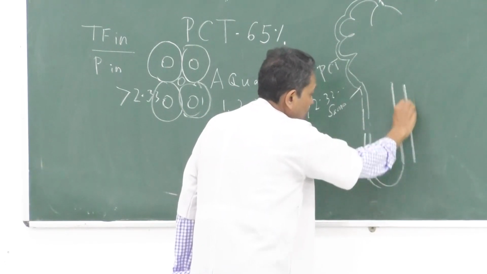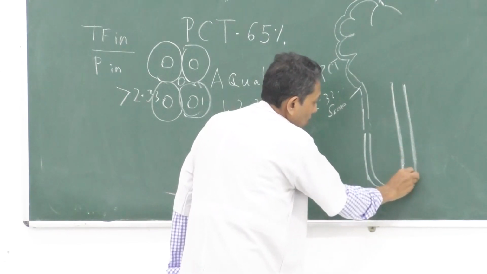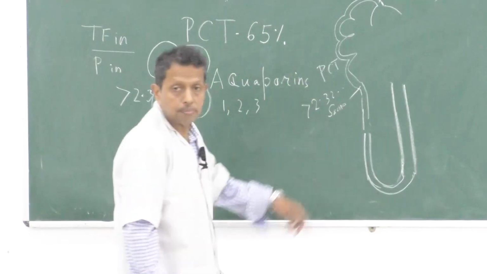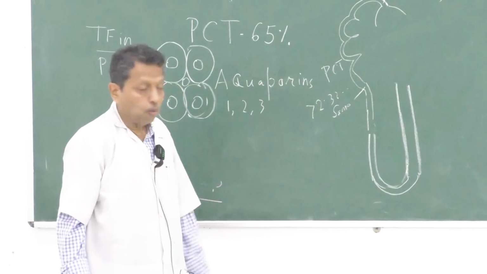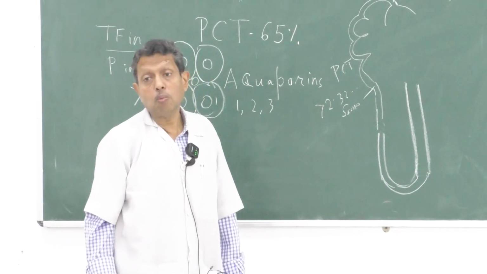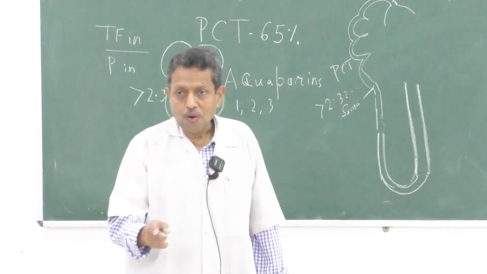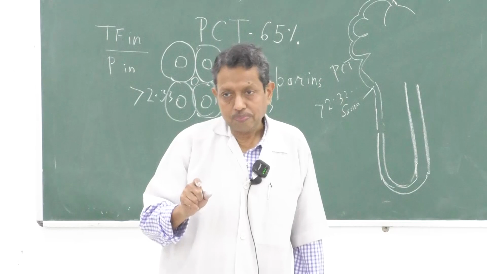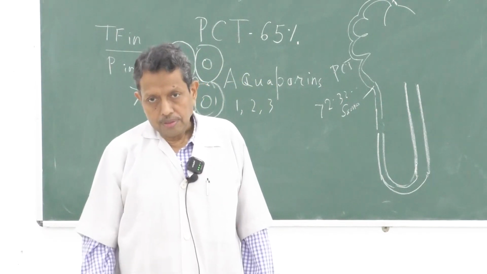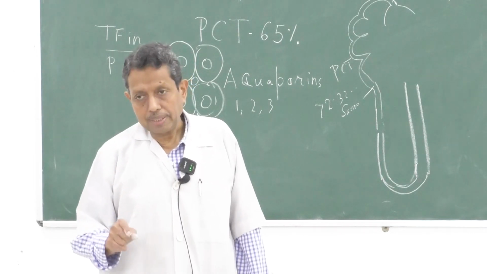In cortical nephrons, there is a very small thin ascending limb, then the thick ascending limb. Water is reabsorbed from the thin descending limb of loop of Henle. Whether it is a cortical nephron or a juxtamedullary nephron, part of the loop of Henle is in the medulla. It may be outer medulla or inner medulla, whatever it may be.